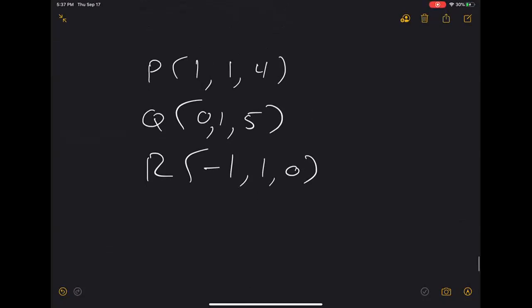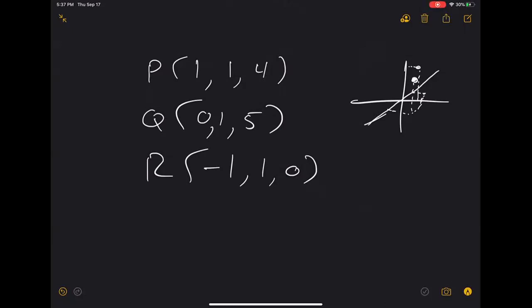Well, if we want, we can draw a picture, try and get an idea of what's going on. Okay, 1, 1, 4. That'd be like 1, 1, maybe up here. Then 0, 1, 5, it's pretty close to it. And then negative 1, 1, 0. So that's just kind of an XY plane.